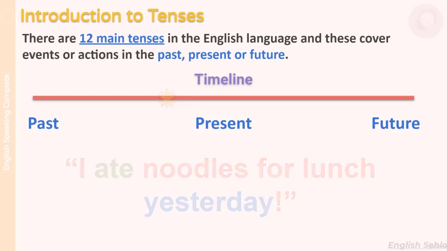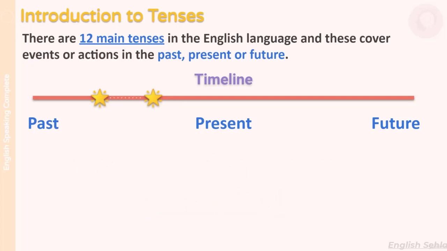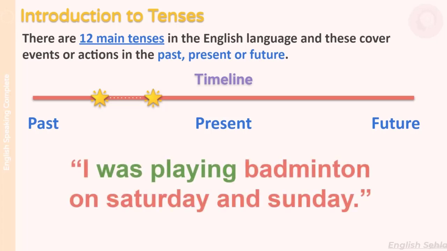But what about an event that started in the past and finished later in the past? How could we do that? Well, unless we have a good understanding of tenses, it would be difficult to do this. But in the English language, because the tense system is slightly more complicated than some languages, we can do this quite simply by using the past continuous tense.